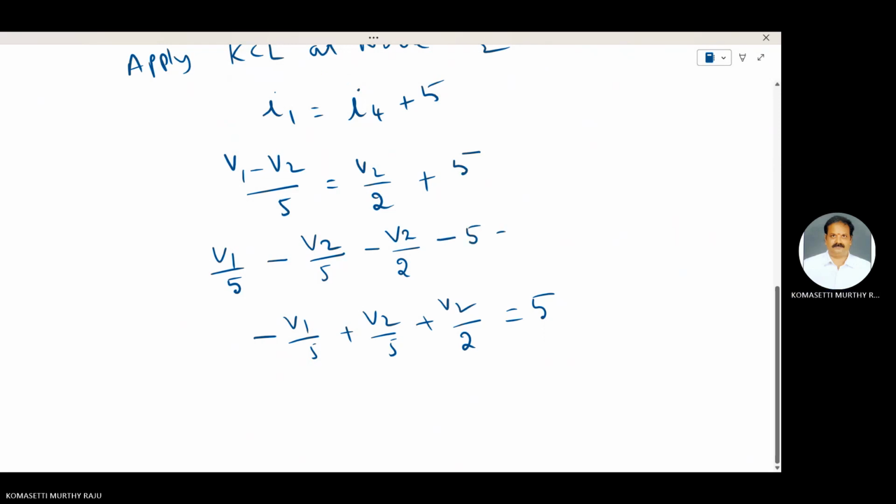V1 by 5 minus V2 by 5 minus V2 by 2 minus 5 is equal to 0.